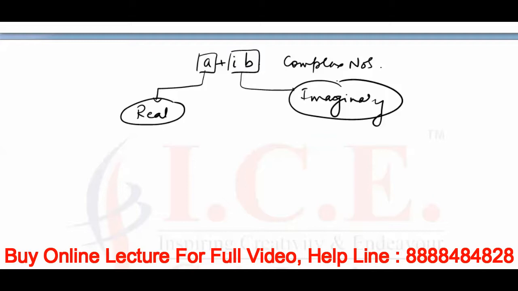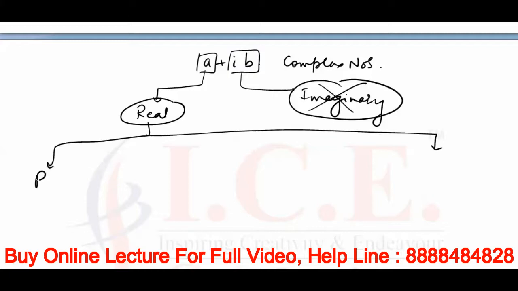As far as aptitude test is concerned, imaginary part is not required. Let's focus only on the real part. Now the real numbers can further be classified into two ways: rational numbers and irrational numbers.